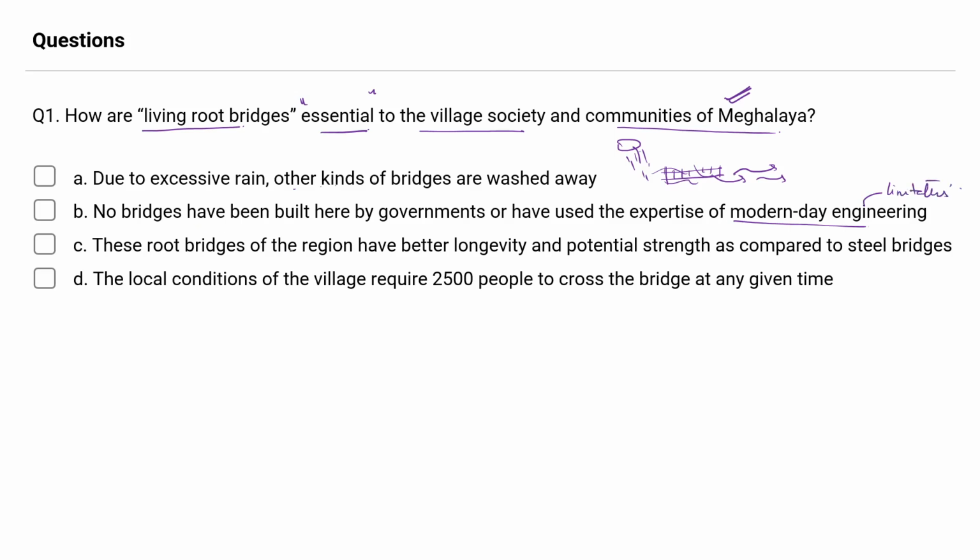Another is these root bridges of the region have better longevity and potential strength as compared to the steel bridges. So we are talking about longevity and potential strength. The fourth is the local conditions of the village require 2,500 people to cross the bridge at any given time.